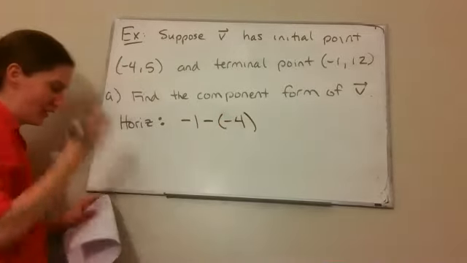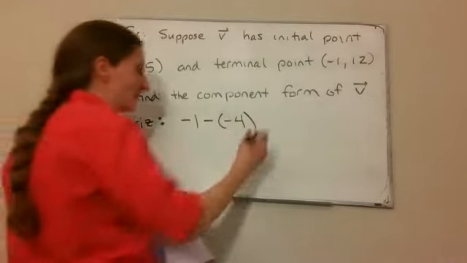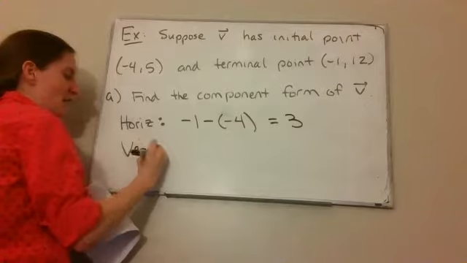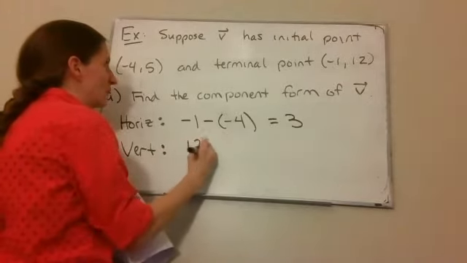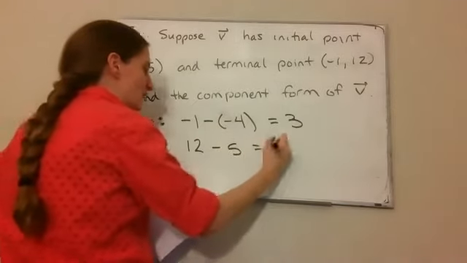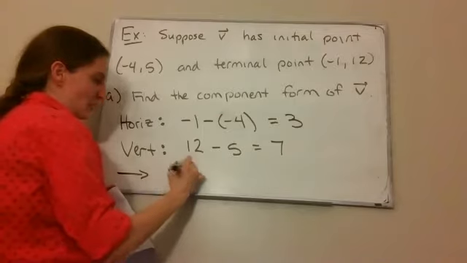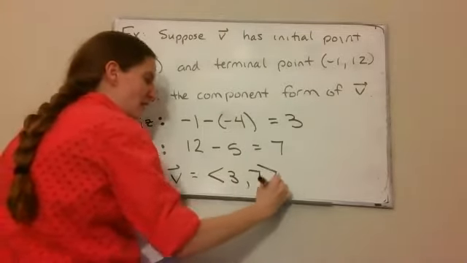So my displacement is the change in my x's, -1 minus -4, which is 3. And then my vertical displacement is the change in the y's, 12 minus 5, which is 7. So this tells me that vector v in component form is <3, 7>.